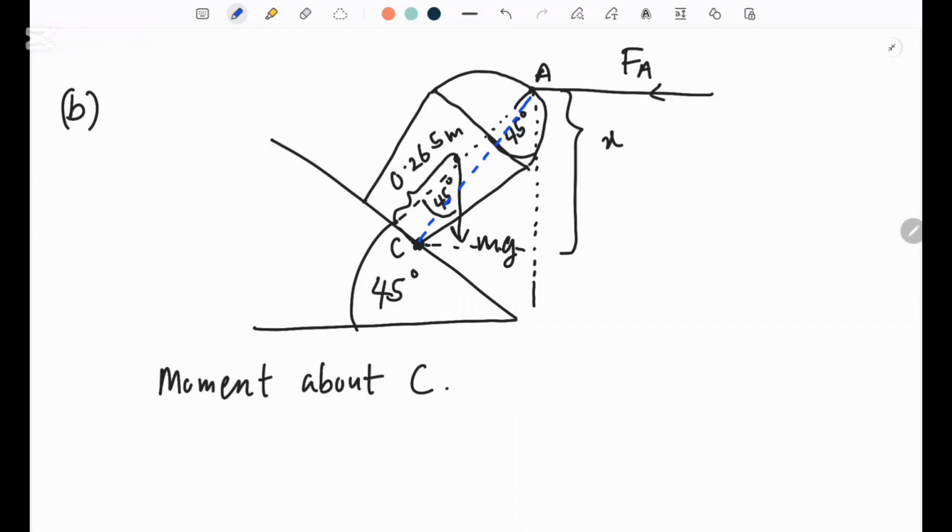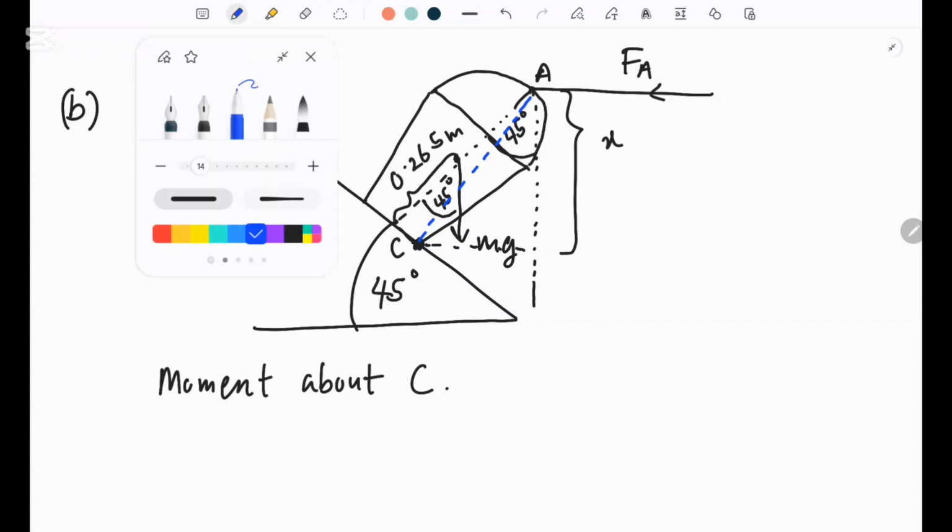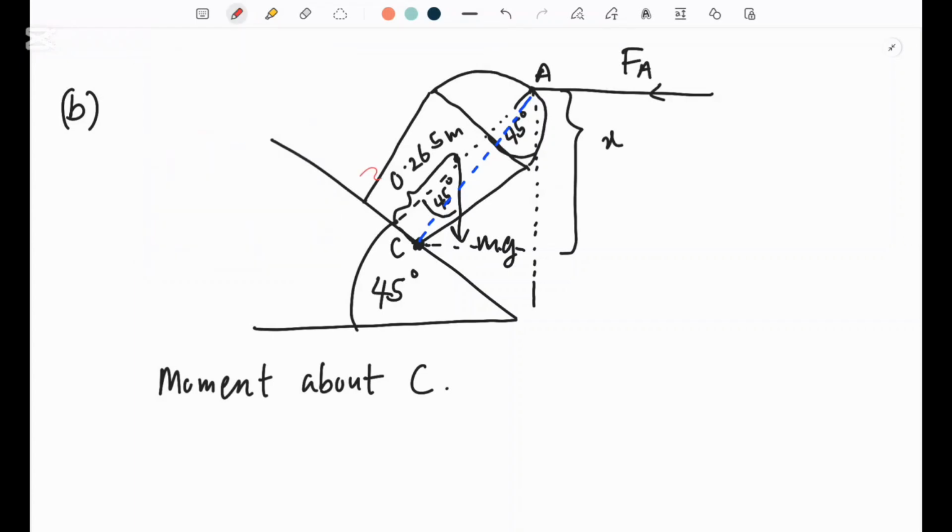To find that, we know the height of the compound solid is 30 plus 10, so 40. And this distance is 5, right?